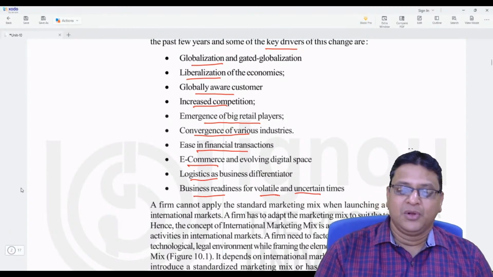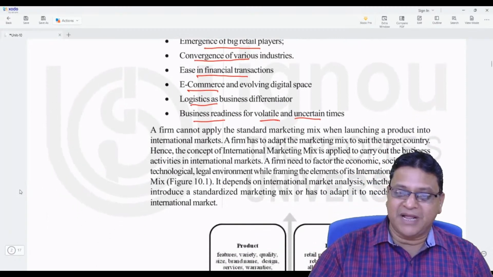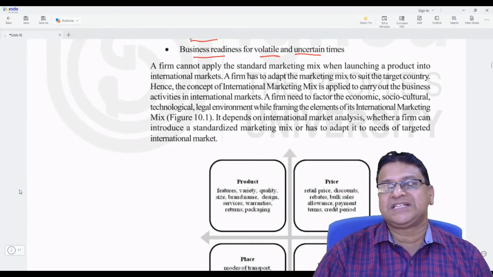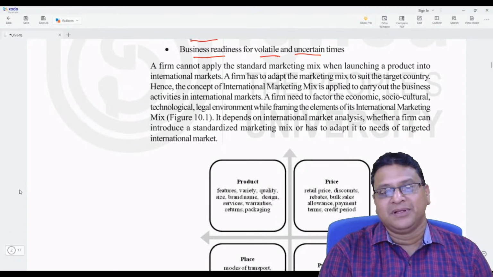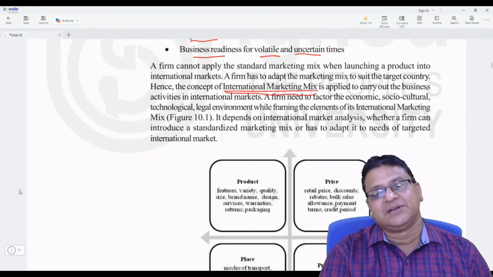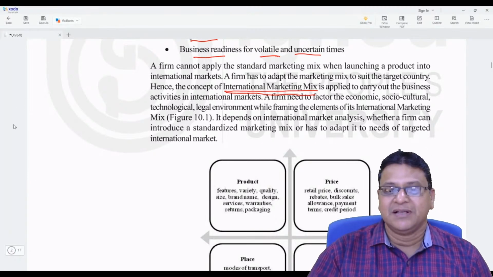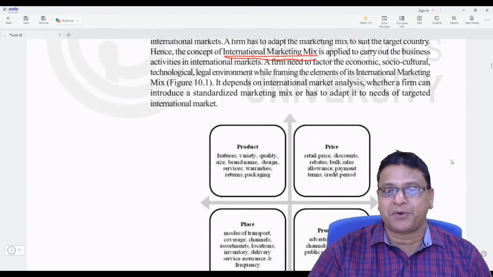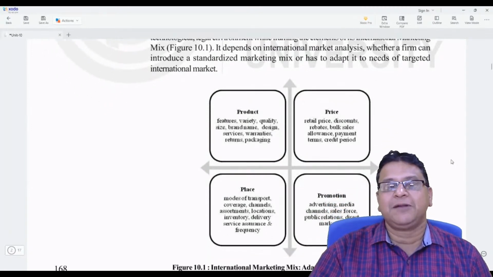Next, in case of international marketing, we follow the same 4Ps, known as the international marketing mix. What is the international marketing mix? The marketing mix is the mix of product, price, place, and promotion.